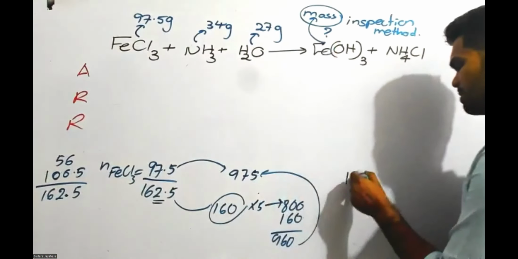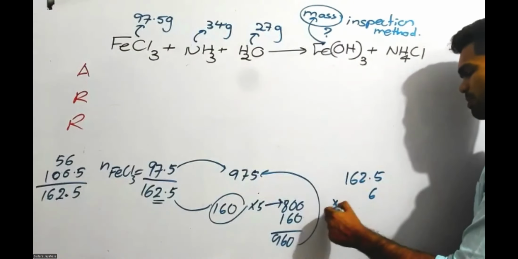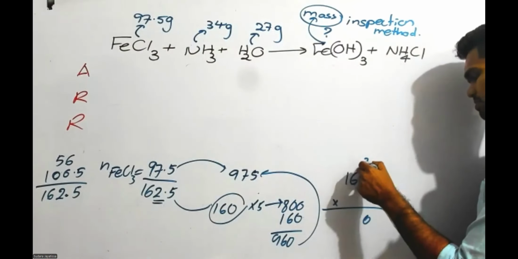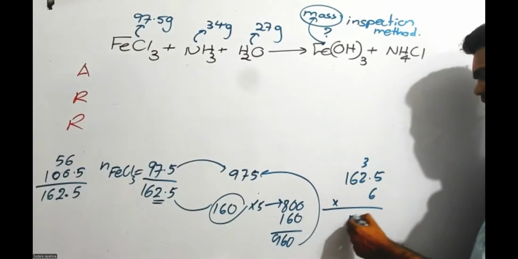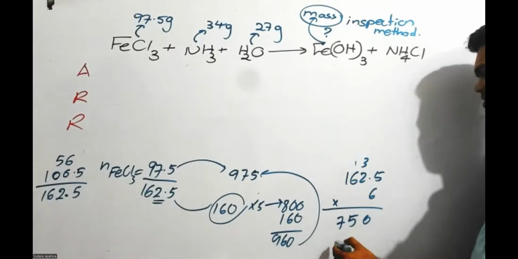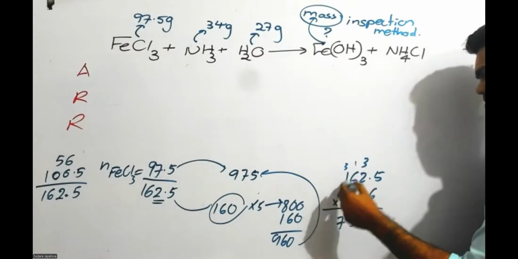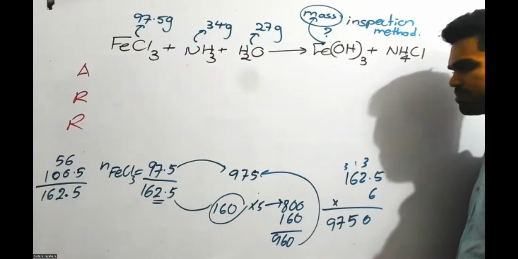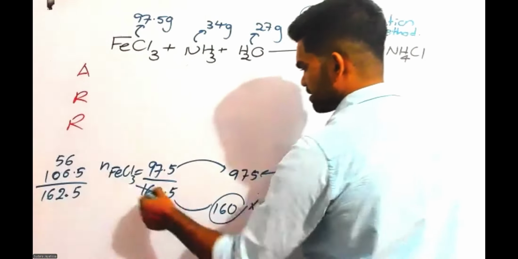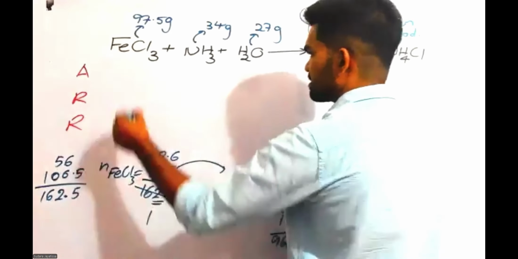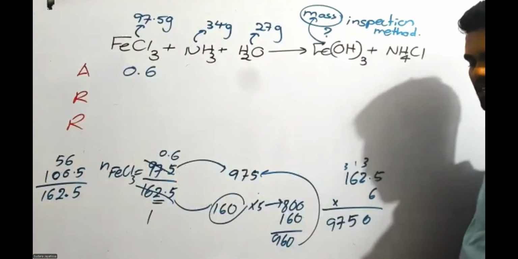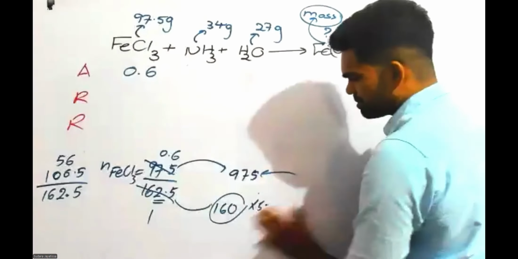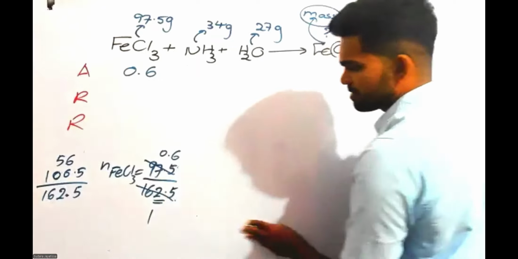Now we will multiply by 6 to make sure. 975, yeah, it is divisible. So it's going to be 0.6. That is the number of moles you added. You don't need a calculator for that one. These are MCQs now, so just guess the number. I hope you understood the method.